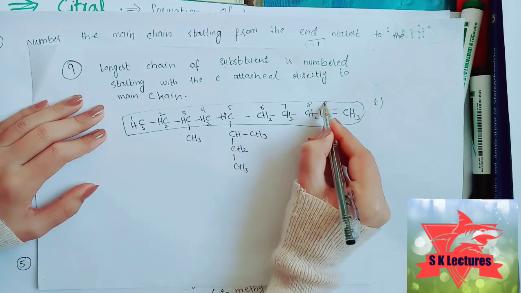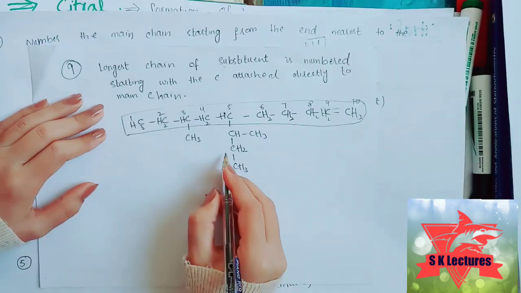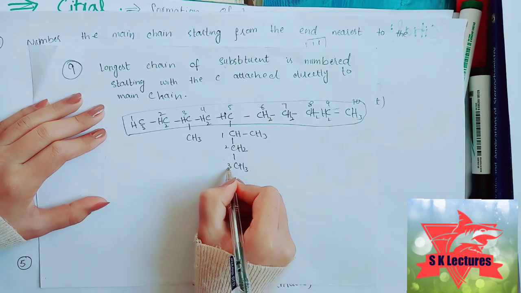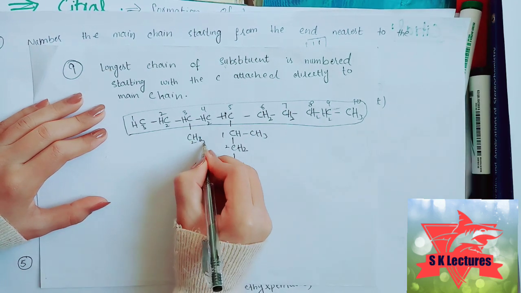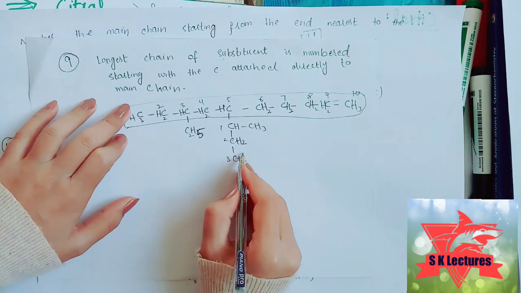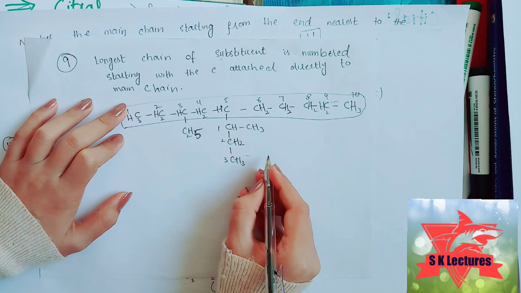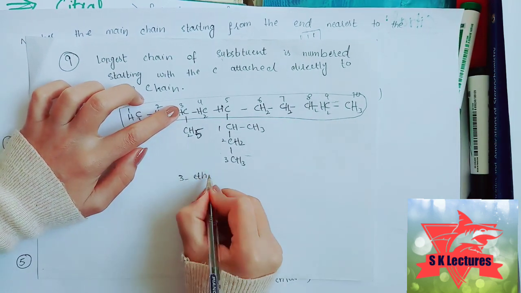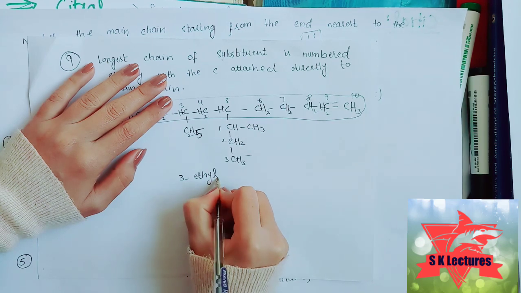On the 3 position a substituent is present, and on the 5 position a subchain is present. These are numbered as 1, 2, 3. This is ethyl, C2H5. So how will we write its name? We have a 3-ethyl, and another one is propyl, so we will write it later on.